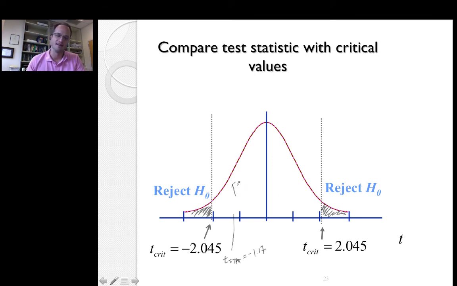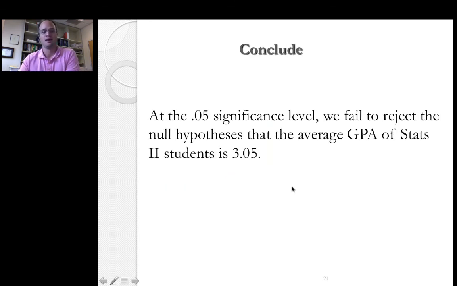And so I'm failing to reject the null hypothesis, finding support in favor of the null hypothesis. At the 0.05 significance level, we failed to reject the null hypothesis that the average GPA of stats students, I think was the original question, is 3.05. So again, we find evidence in favor of the null.